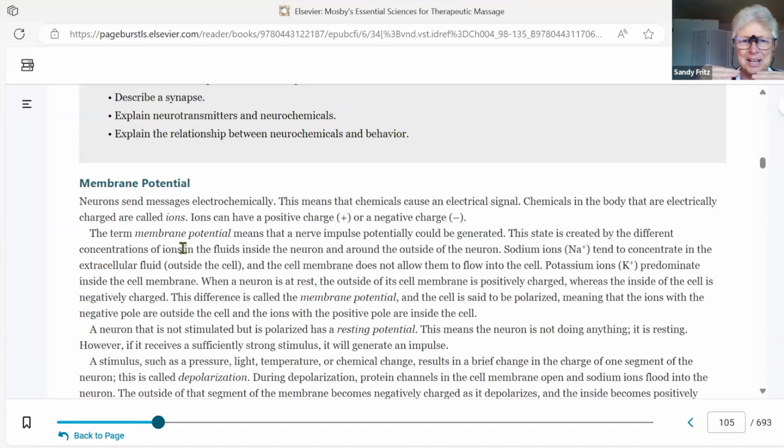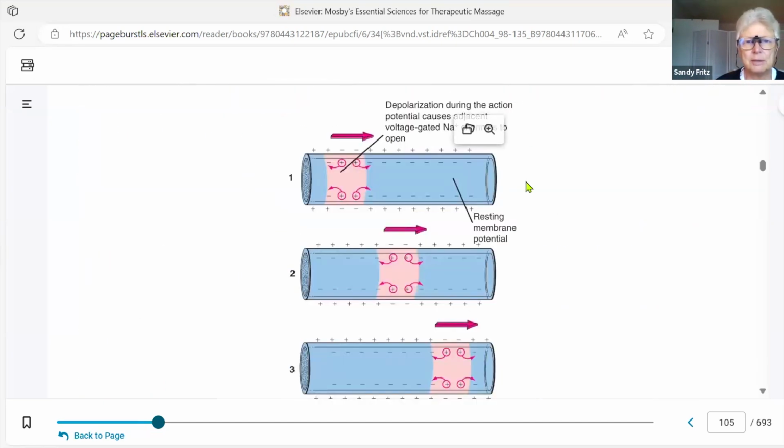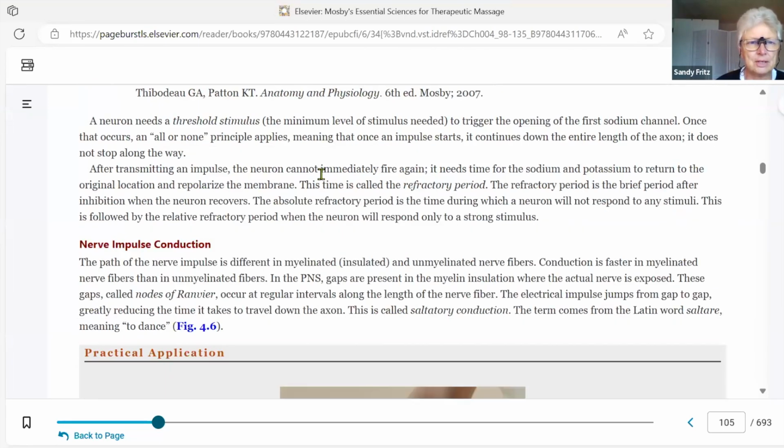You can get a little intrigued about the electrical chemical aspect of human function when you look at how nerves actually receive, transmit, and then respond to information. So here is the general way that occurs.